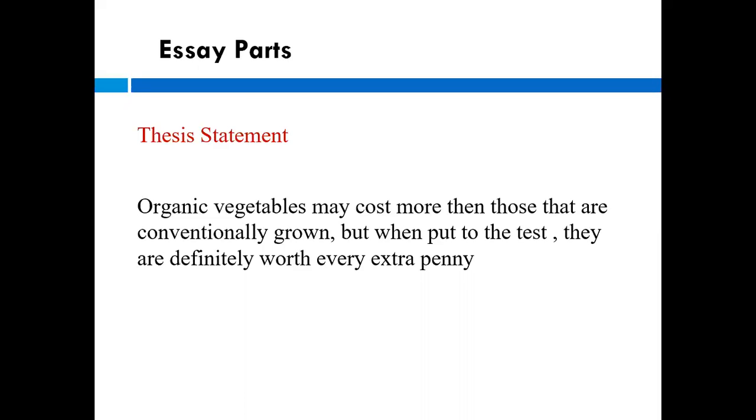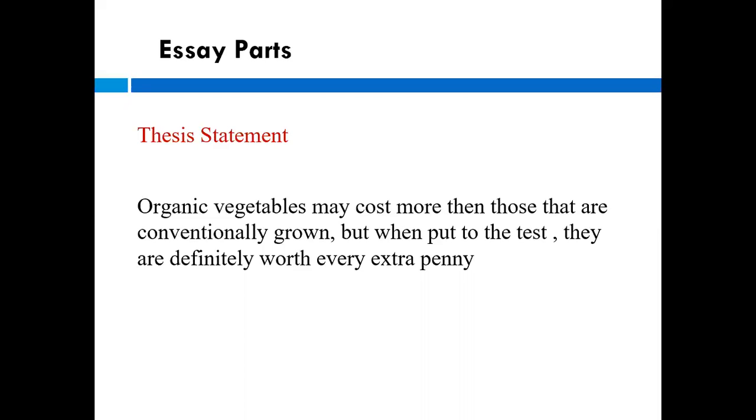So this is an example, as you can see on the screen, that we are comparing two things: organic vegetables and conventionally grown vegetables. This can be a thesis statement to write a compare and contrast essay: organic vegetables may cost more than those that are conventionally grown.